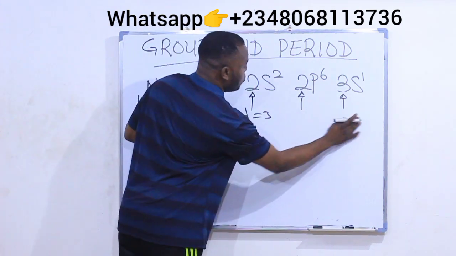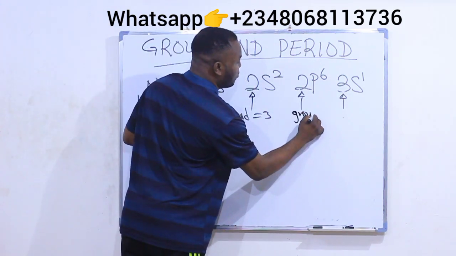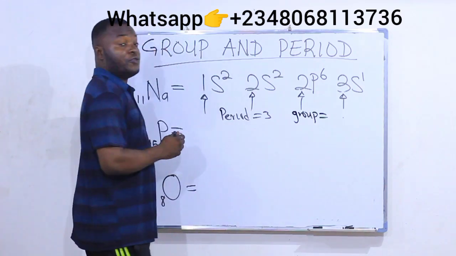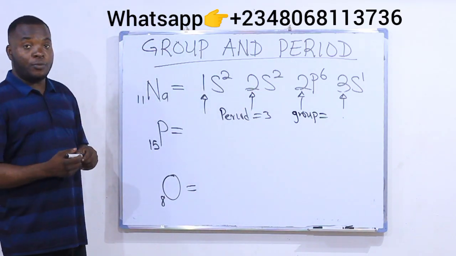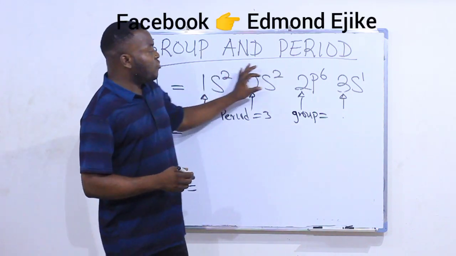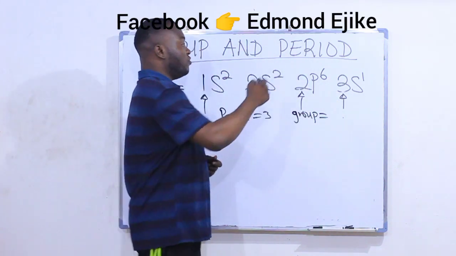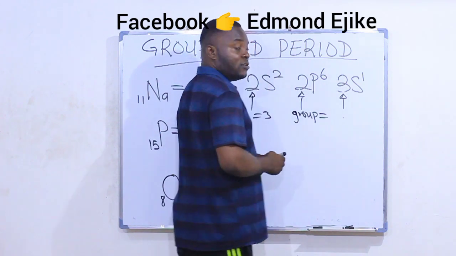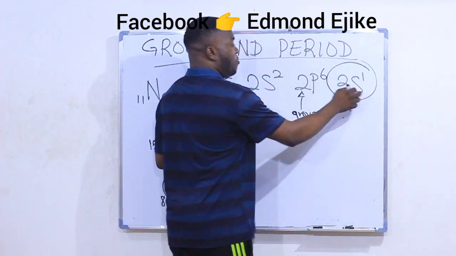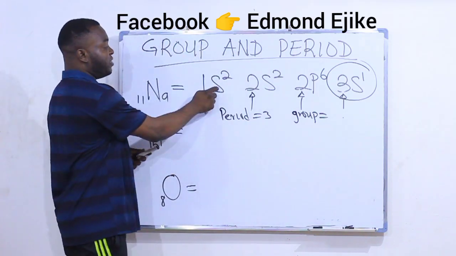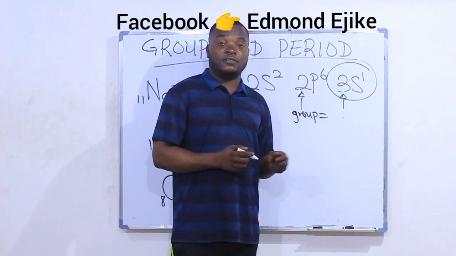Now, the group can also be gotten from the electronic configuration. From the configuration, if you want to know the group, consider the last orbital in the configuration. The last orbital here is the 3s orbital. The first is the 1s, while the last is the 3s.